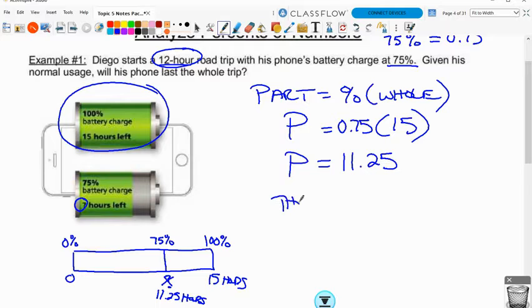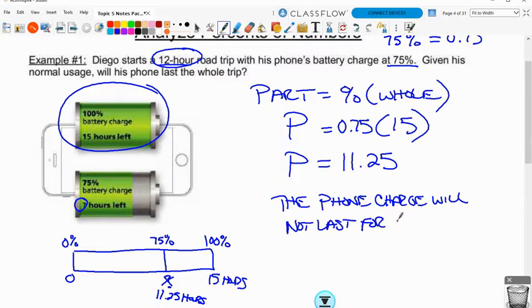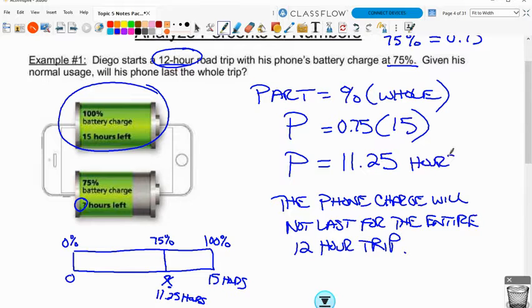So we can say the phone charge will not last for the entire 12-hour trip. Again, P was equal to 11 and 25 hundredths hours. So he's going to run out at some point, so Diego's going to have to find a phone charger so that his battery doesn't die.